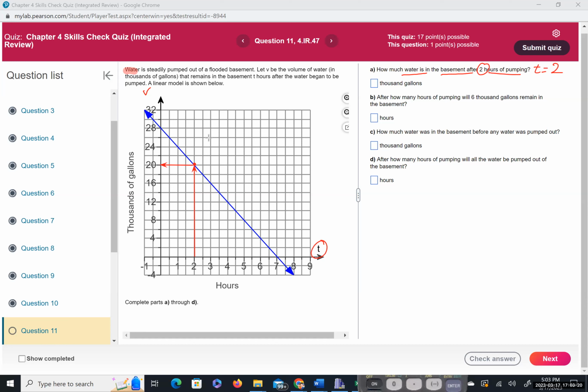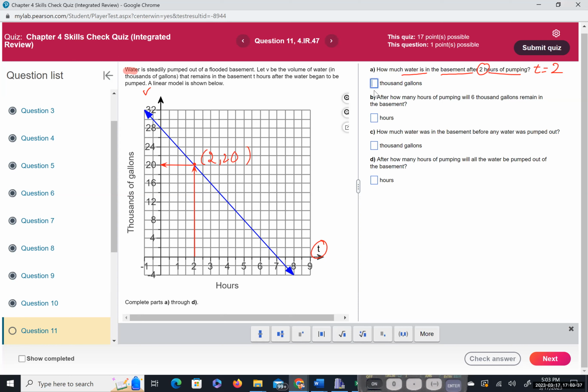So after 2 hours, there's 20,000 gallons remaining.